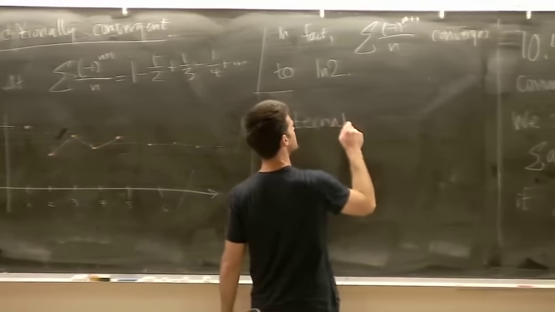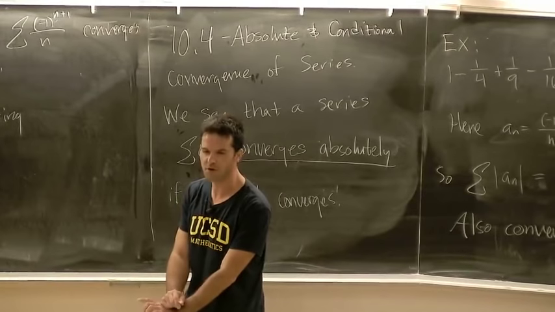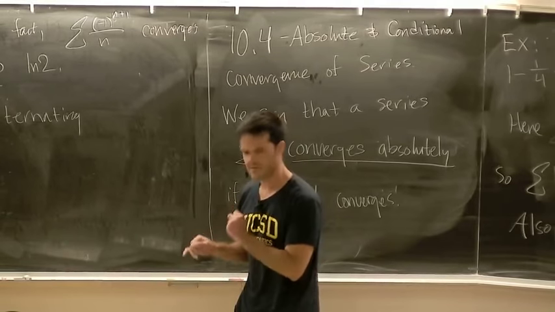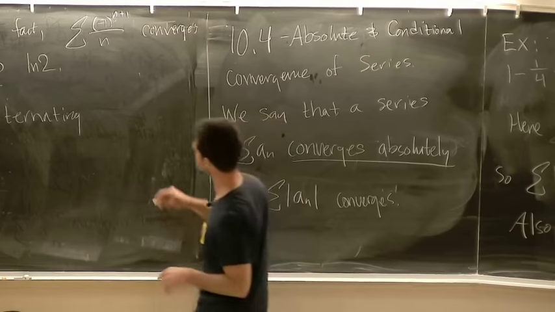It's one of the only situations we have for determining the convergence of these weird, bad series that don't converge absolutely, but they still converge. And it only works for alternating series.